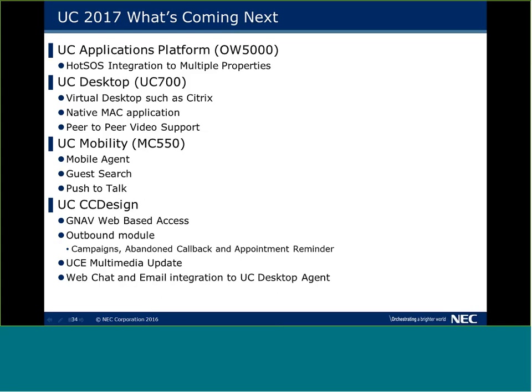Today, it's strictly client-server based, and so that's one of the biggest enhancements that we want to make. We're also looking to add an outbound campaign module. Again, popular request, so we're looking to add that. We'll make other updates to our multimedia for chat and email integration, and specifically be able to add those and integrate to the UC desktop experience.